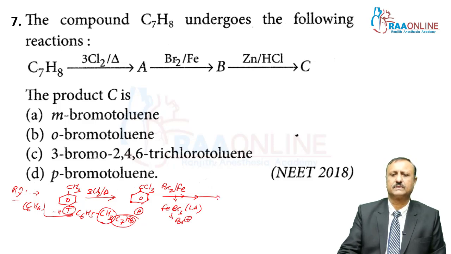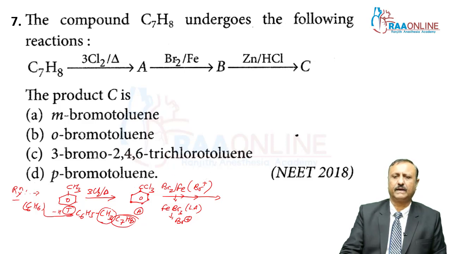So, my dear students, you can get the bromonium ions from this solution of iron with liquid bromine. This bromonium ion is an electrophile. So this electrophile attacks the benzene ring of this compound. This is called an electrophilic substitution reaction.